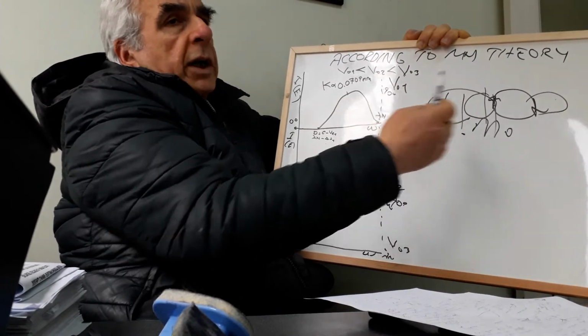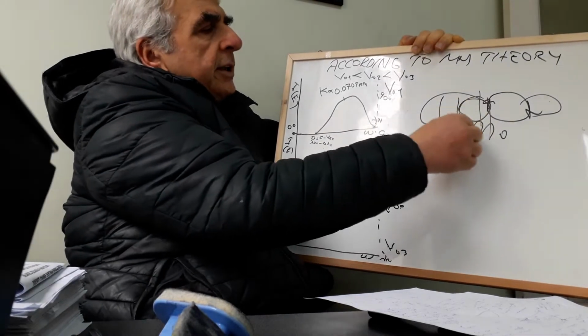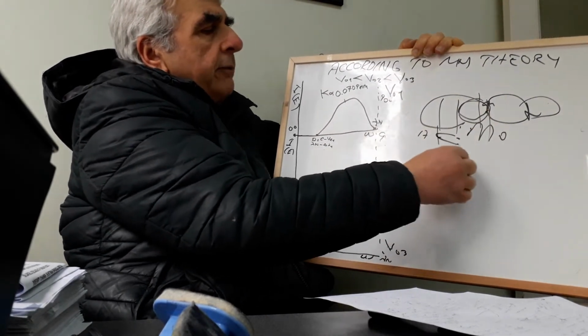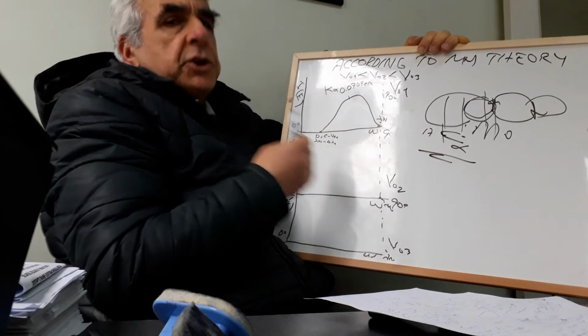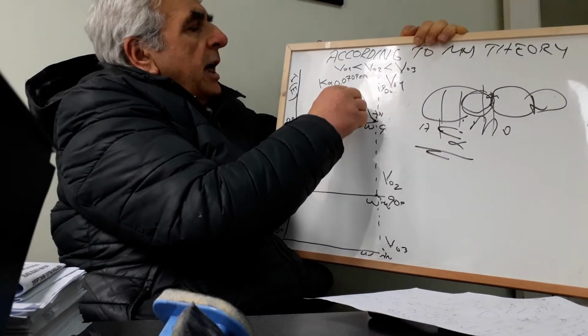When this effect of successive waves vanishes, it shrinks again, then K alpha pulse emission. This is emission.